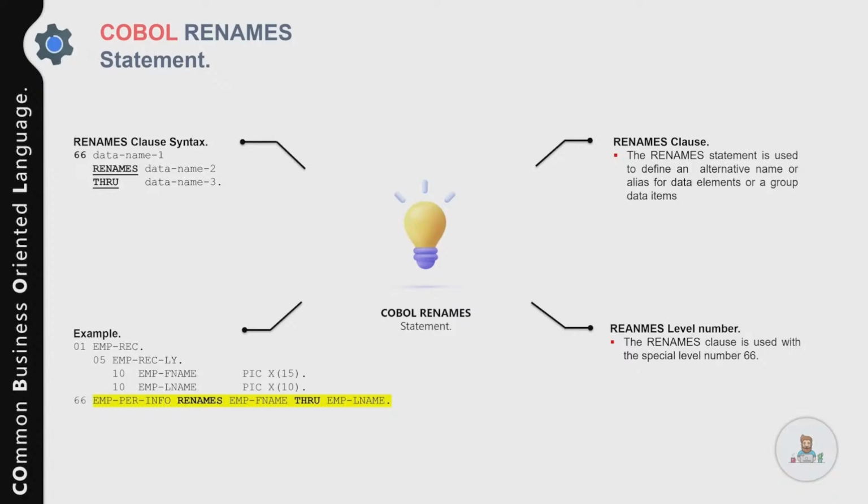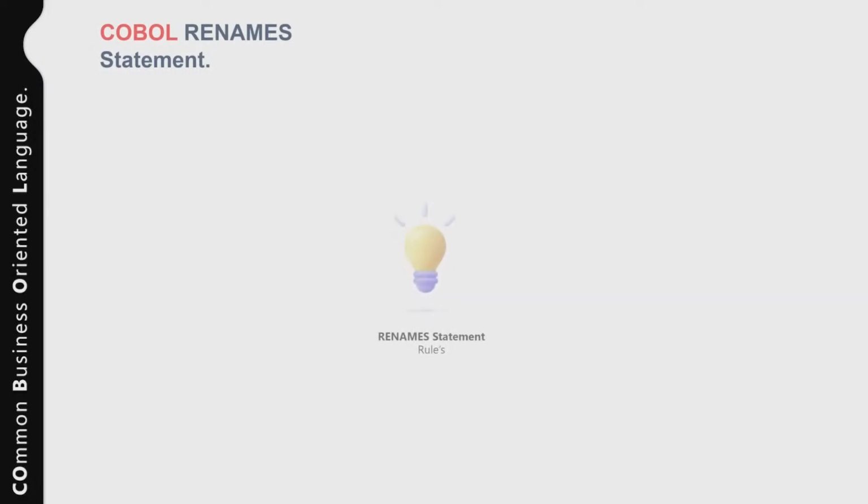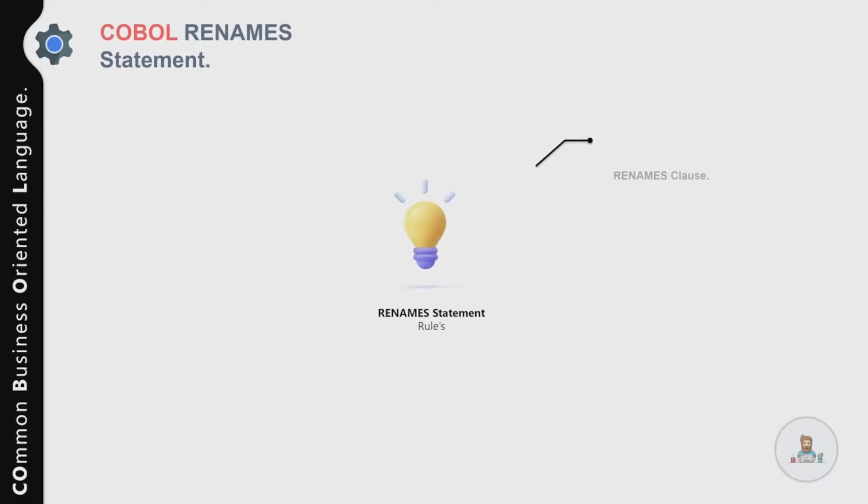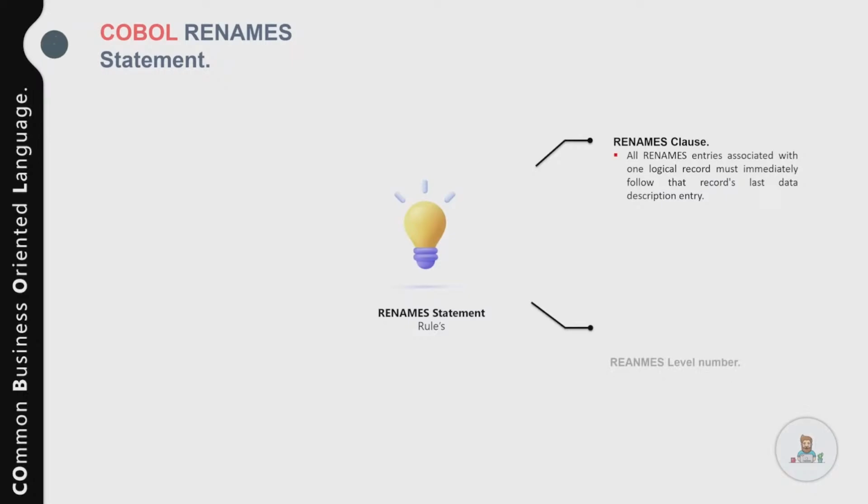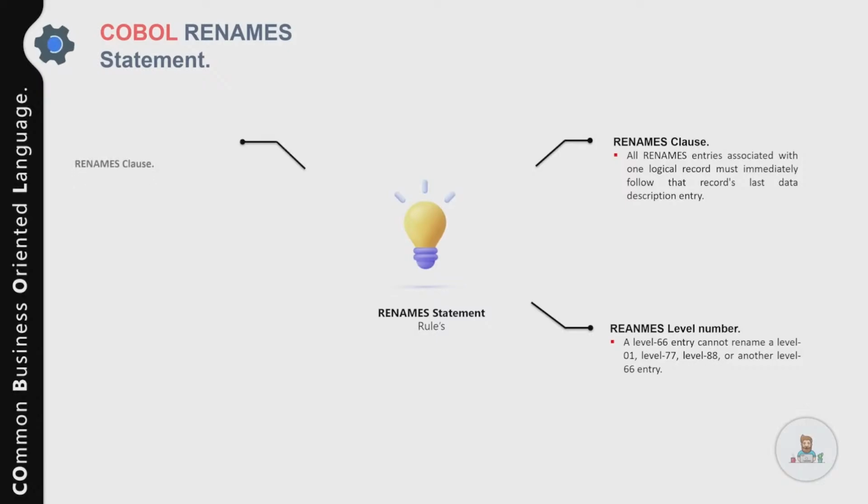Now let's talk about a couple of important rules related to the rename clause. The first one is all rename entries associated with one logical record must immediately follow that record's last data description entry. A level 66 entry cannot rename a level 1, level 77, level 88, or any other level 66 entries.